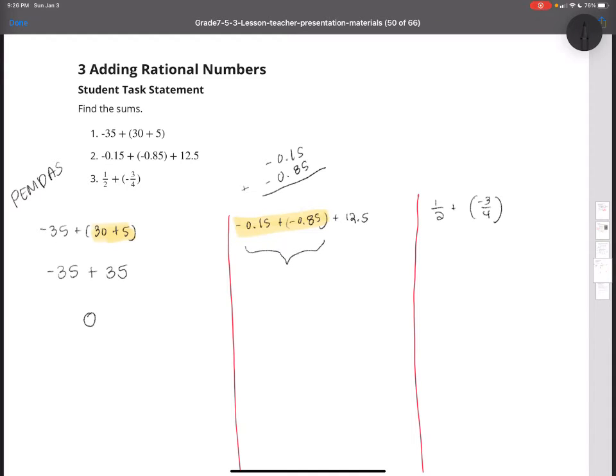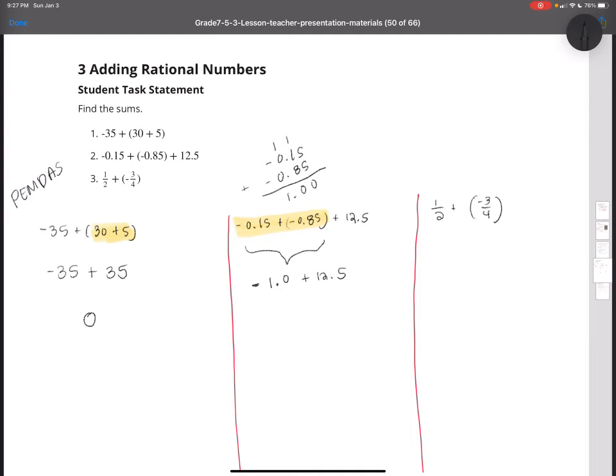Anytime the signs are the same, you want to just add it like regular. So let's ignore the negative symbols for now. It's going to be 5 plus 5, which is 10, carry the 1. 2 plus 8 is 10, carry the 1. And it will be 1 whole, or just 1. Since both numbers were negative, it's negative 1 plus 12 and a half.